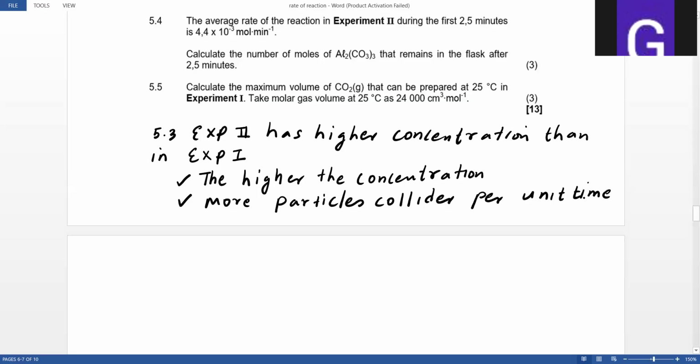Or since we're talking volume, we can also say per unit volume, which is still fine.